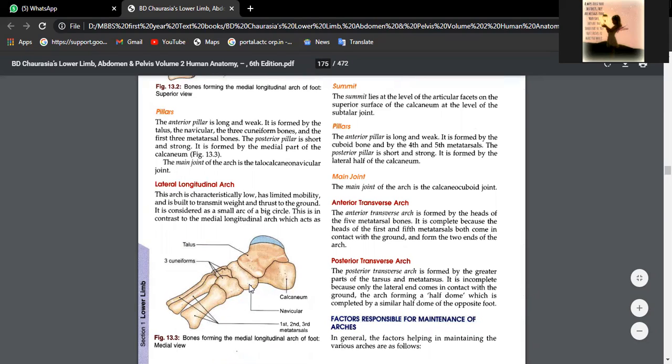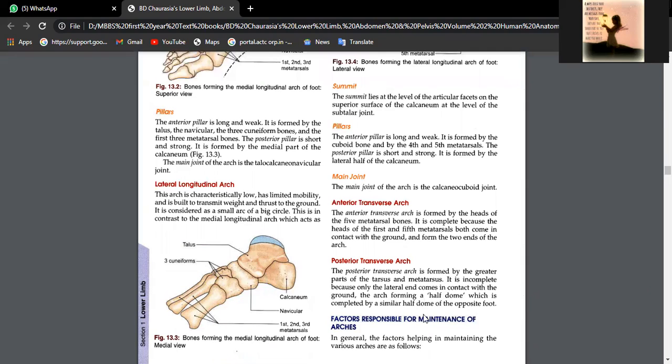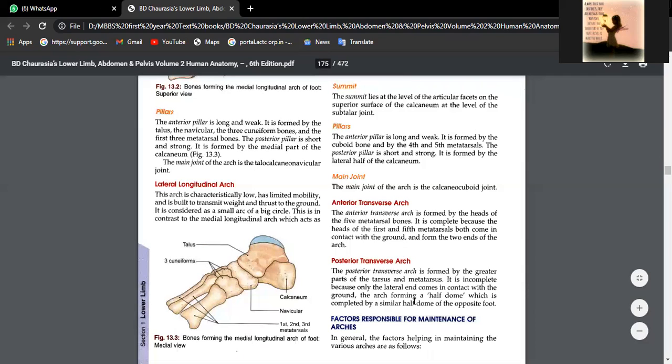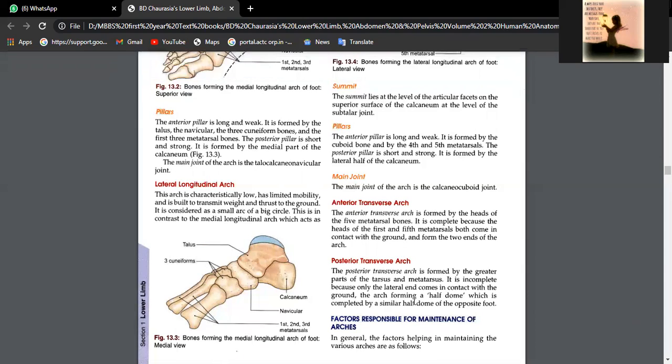It is incomplete because only the lateral end comes in contact with the ground, the arch forming half a dome, which is like this. Then it forms the complete dome with the other foot. That means the right and left foot together will form a dome-like structure. Laterally our foot rests on the ground, but medially it is elevated.